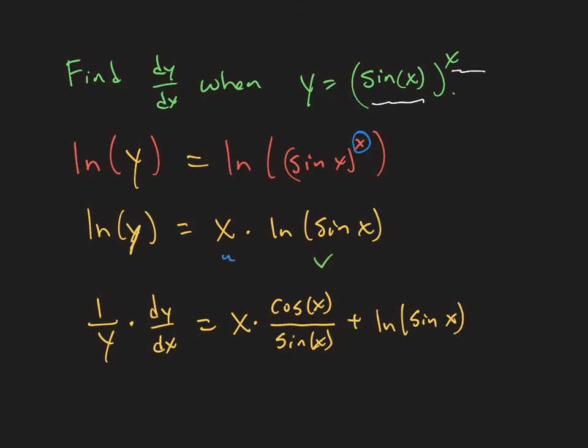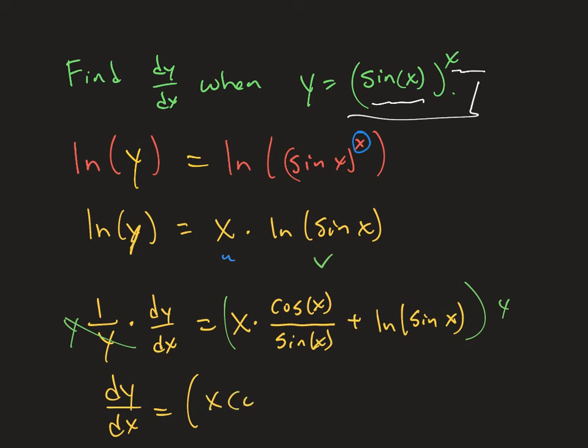To finish this off, remember, we multiply both sides by y. And I'm going to use this version of y up here. And so my final derivative formula, dy over dx, is, I'm going to write x cotangent x, because the cosine of x over the sine of x can be written as cotangent of x.